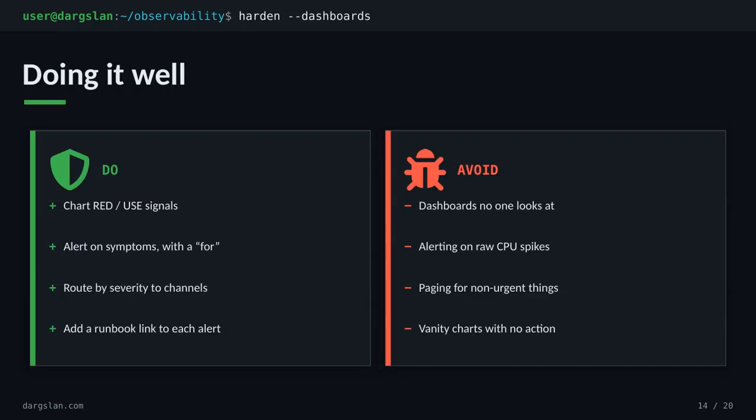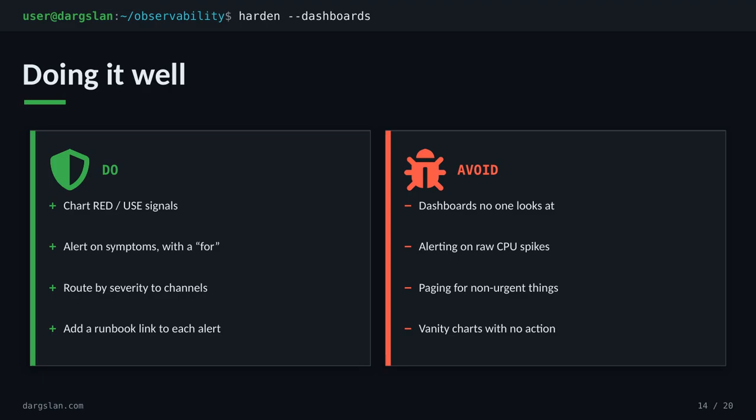So how do you actually harden this in practice? On the do side, chart RED and USE signals so every panel maps to either user-facing pain or resource saturation. Alert on symptoms with a for clause so brief blips don't wake anyone. Route by severity. Slack for warnings. Pager for the real fires.